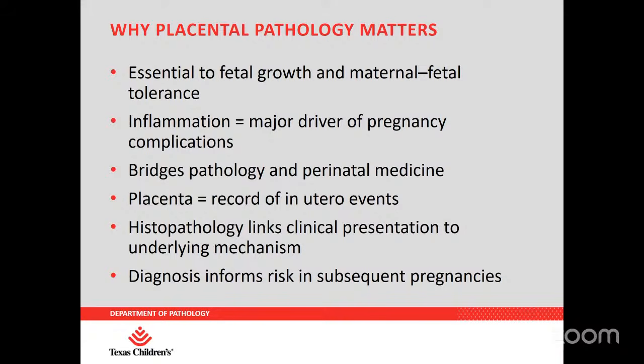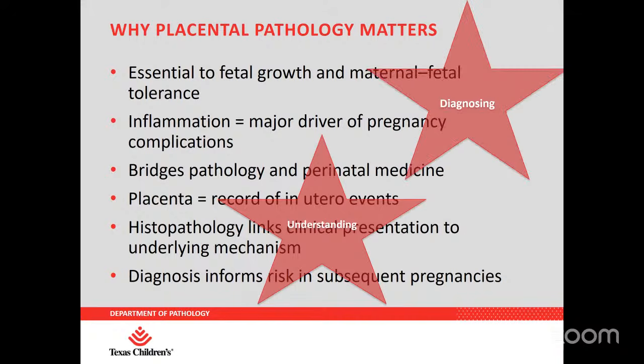I think placental pathology matters because it's a cornerstone for understanding, diagnosing, and managing pregnancy complications. And its integration into clinical care and research is increasingly becoming recognised as essential for the advancement of maternal fetal medicine.